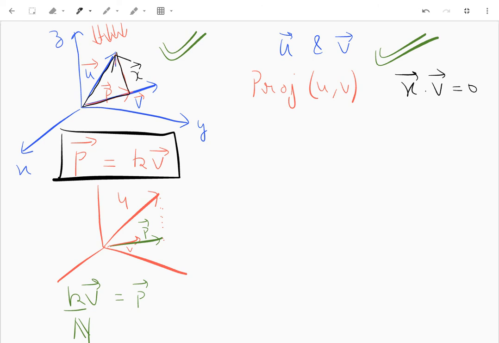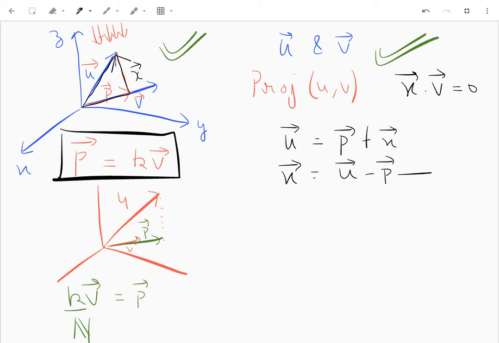Also, in this right angle triangle we just made, we can say that vector u equals vector p plus vector x. So from here we can say that vector x is vector u minus vector p, right?